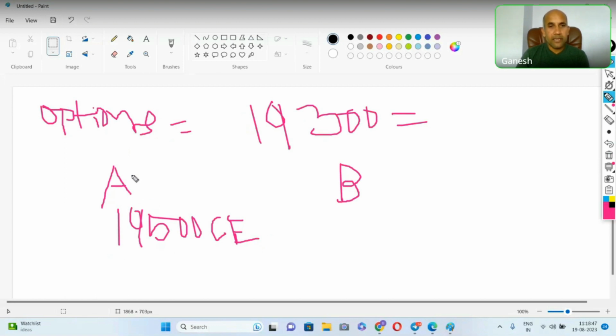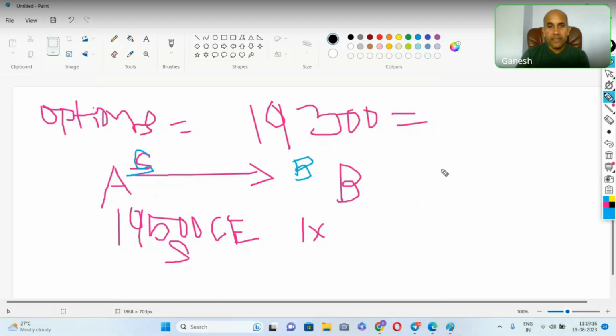Person A wants to sell to person B one lot. So A is the seller and B is the buyer.